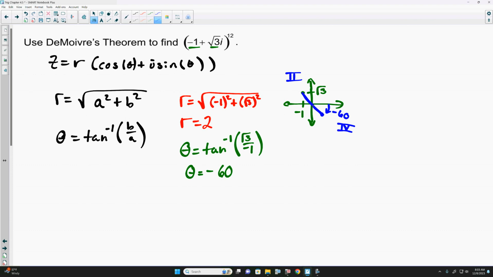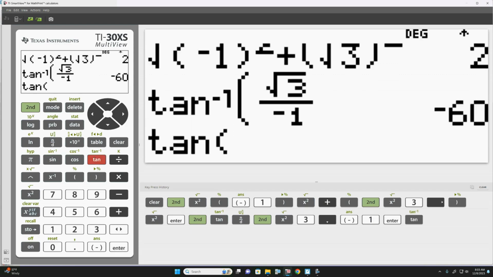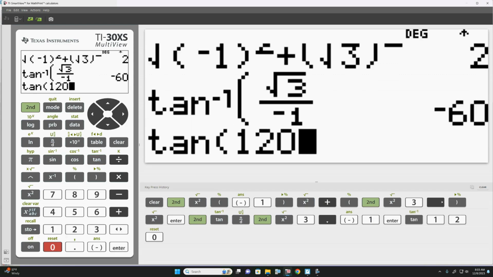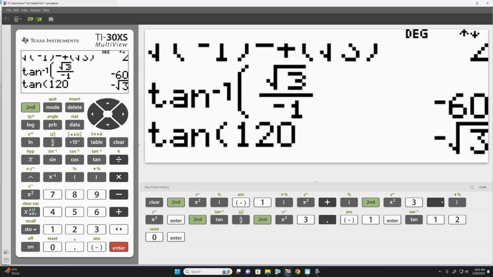So interestingly enough, we can add 180 degrees to it. Or if this had been in radians, we would add pi. And if we do this, our actual angle that we're looking for is 120 degrees. And if we want to check that, we can take tangent of 120 and see that we get negative square root of 3.